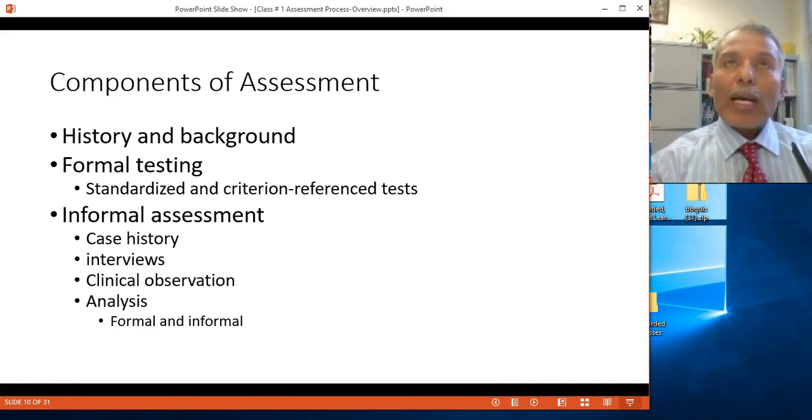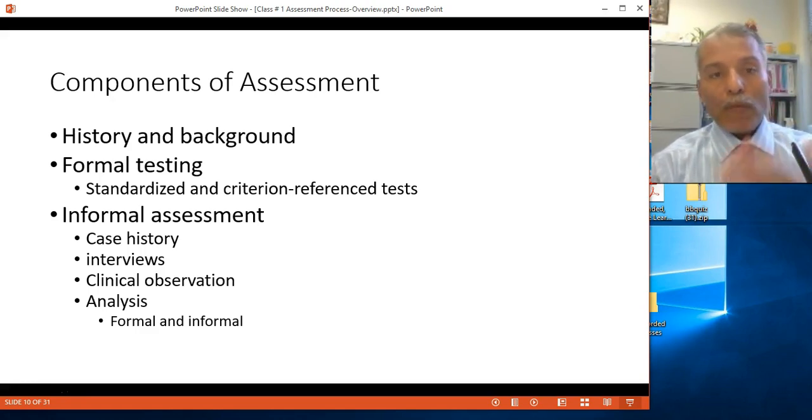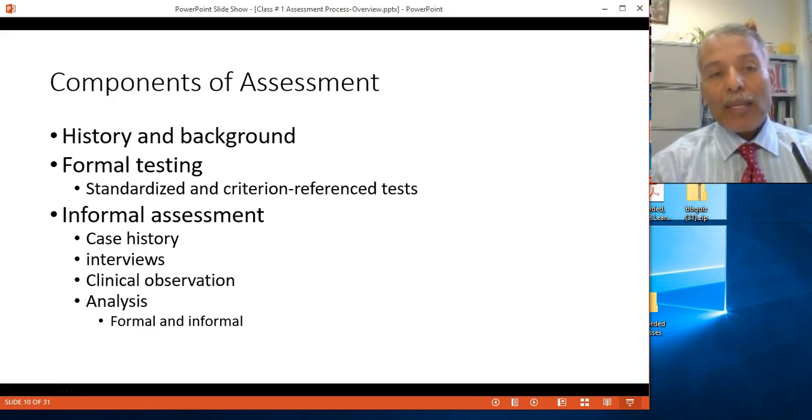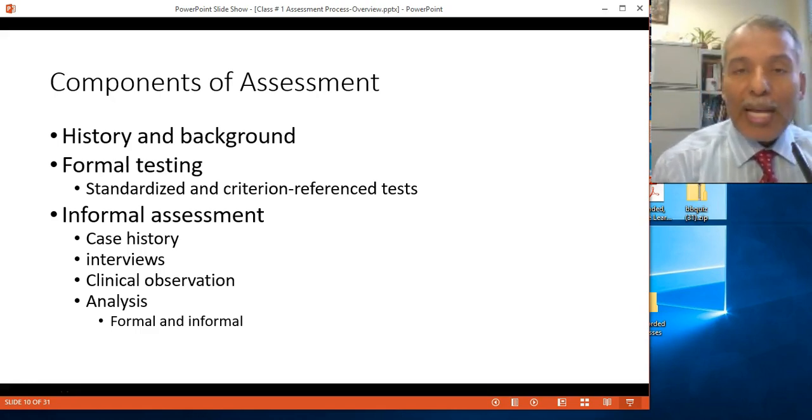You want to collect a sample of continuous conversation between the person and someone else, or between the person and you. So you see them interacting, and then you do the language sample analysis.